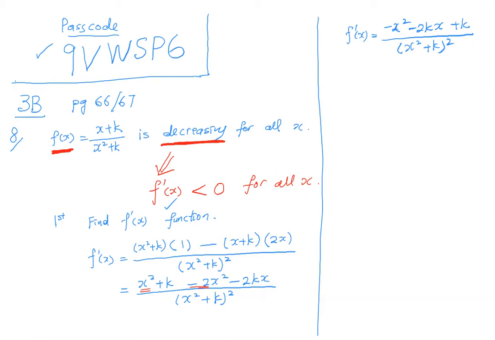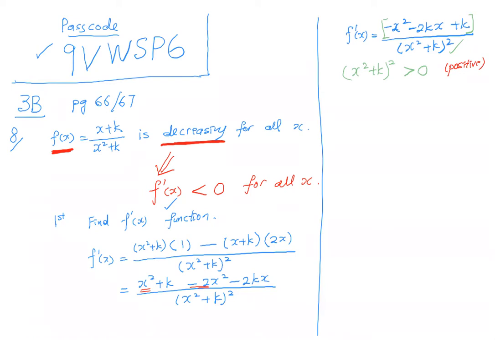So now this one has to fulfill decreasing. So now our derivative function is made up of 2 parts, the numerator and the denominator. So we know that x squared plus k, the whole thing squared, is definitely greater than 0. So in our mind, we will say it is positive. Am I right?